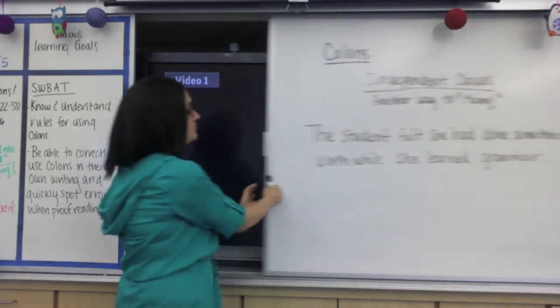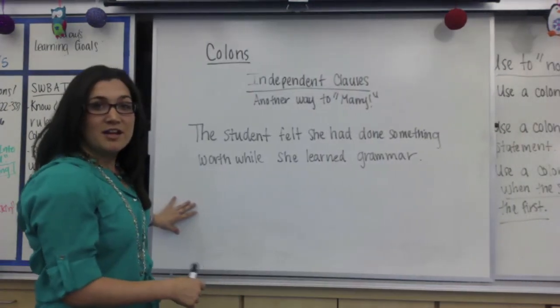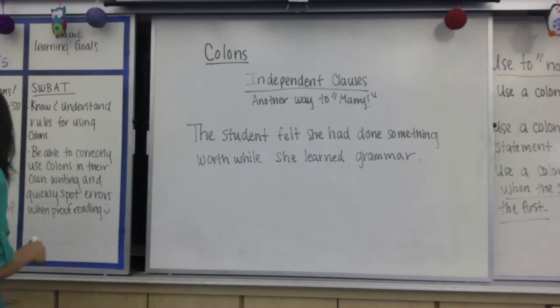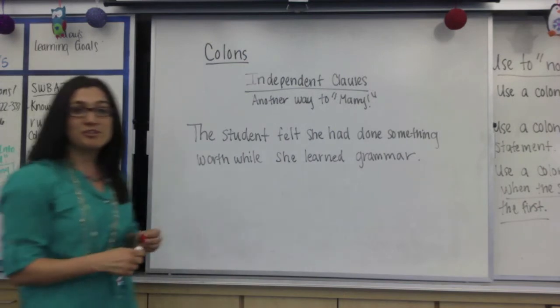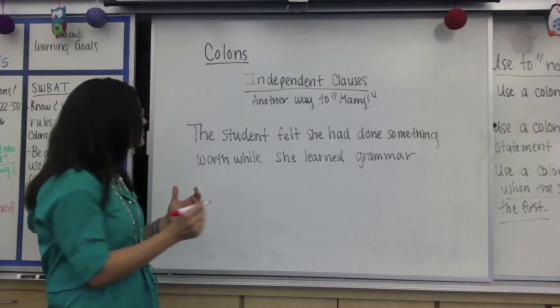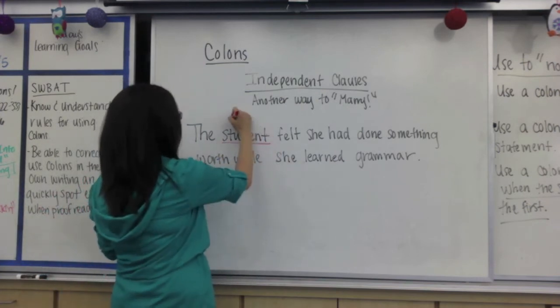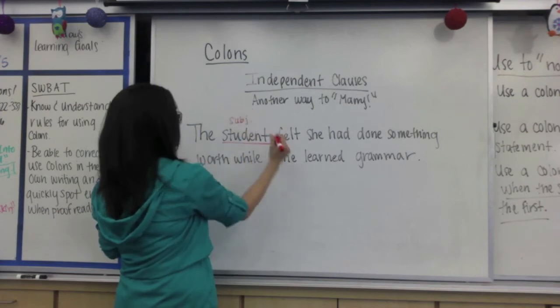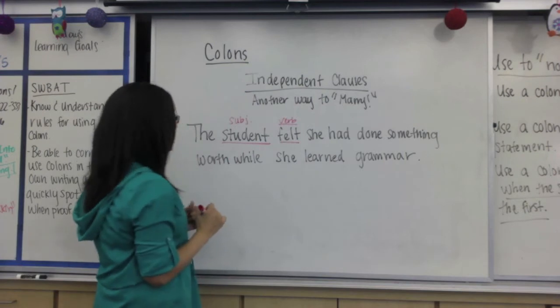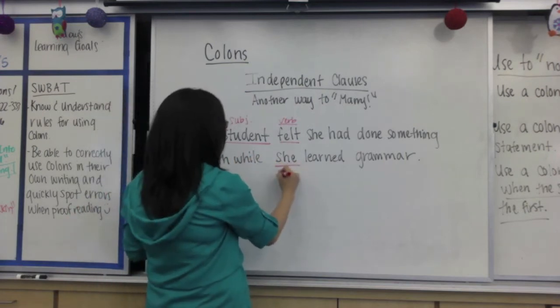So here's a sentence. The student felt she had done something worthwhile. She learned grammar. So as I always tell you guys, make sure that you label your sentences, your subjects and verbs. Very important. So here we have a subject. And here we have our verb. And then here, same thing, we have another subject and verb.